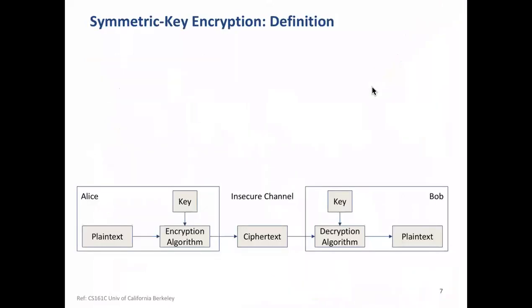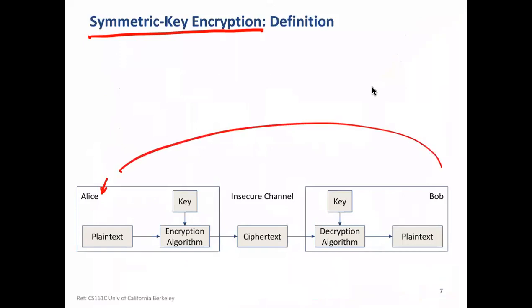We looked at it. Note then, when we say symmetric key, it means that both Alice and Bob should have the same key. So Alice wants to send something to Bob. She uses a key to encrypt the message.